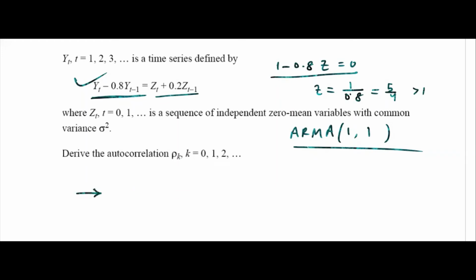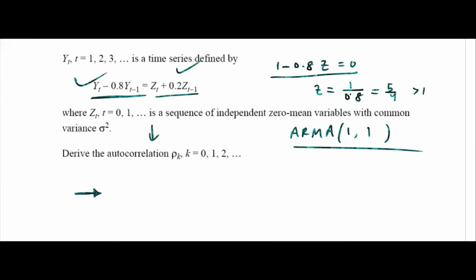And an MA process is always stationary. You will not worry about the right hand side. That is always stationary. Stationarity of the AR process is always in doubt, so that you need to check. And also if there is any I part, the integrated part, that you need to remove. Sometimes we need to log transform the series also to make it stationary. There are certain things. We'll see all those things later. But this is an ARMA(1,1) process.